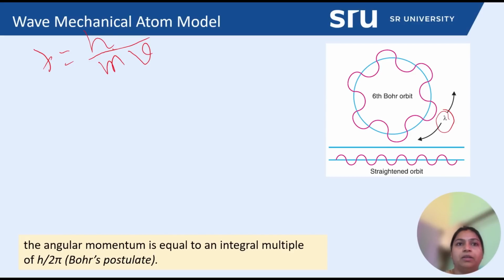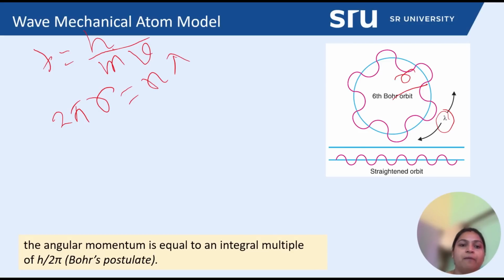If so, we can write 2 pi r is equal to n lambda, where r is the radius of this circle and n is an integer.